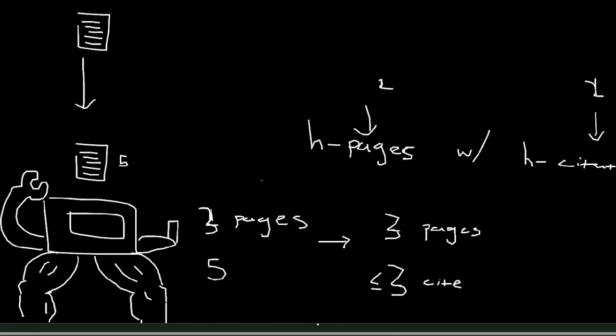So what we can take from here is that the H value also correlates with the number of pages we encounter, given that the number of citations we encounter so far is greater than the number of pages.